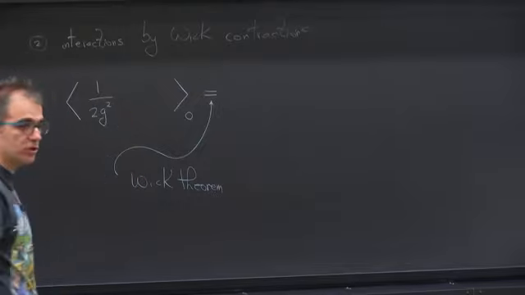Correct? Now you have 4 fields, and all you have to do is take the first one and contract it with this, this, or this. Right? Do all possible contractions. There are 3 terms, right? Because the first one can marry with the second, the third, or the fourth, right? And then the other 2 are left, and they have to be paired. And so there are 3 terms.